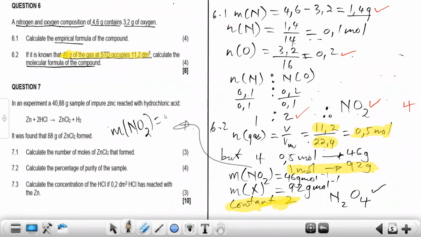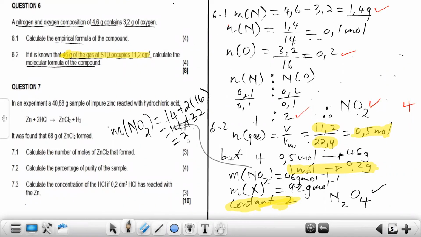I don't have my periodic table here. Kindly check for me. What is the molar mass of nitrogen? Is it 14? Yes, sir. So 14 plus 2 multiplied by 16. So this is 14 plus 32.